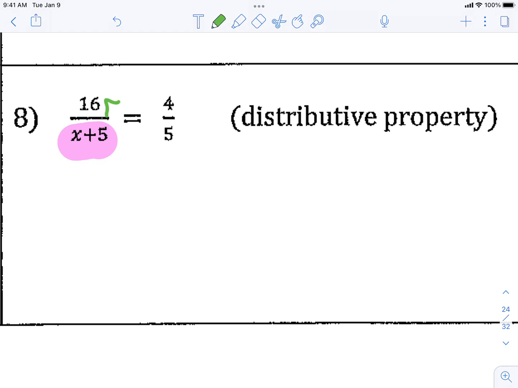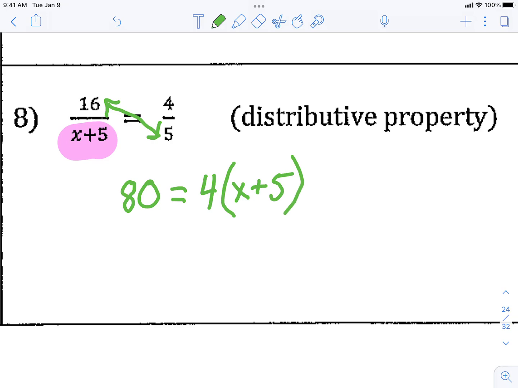That does not change. So we're still going to do 16 times 5, which is 80. And now we're doing 4 times x plus 5. I want to multiply 4 by the entire x plus 5 expression. So because I want to do that, I need my parentheses here so I know to multiply it by the entire thing.